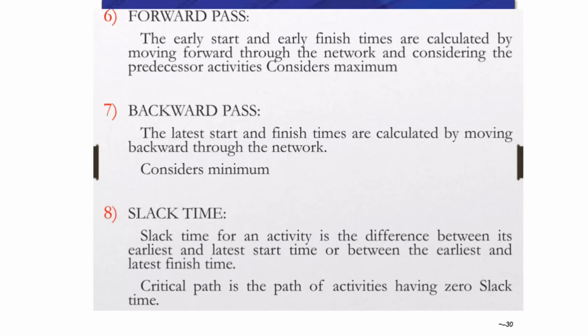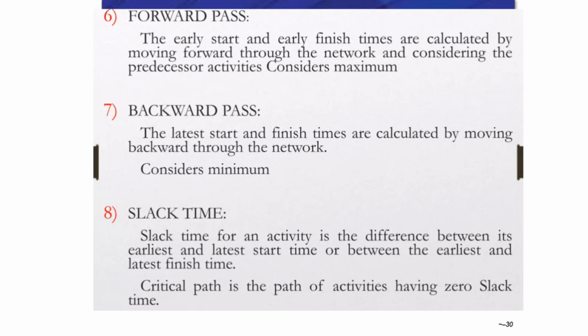Slack time for an activity is the difference between the earliest and the latest start time, or earliest and latest finish time. And this slack time is the calculation that can determine the critical path. The critical path is defined by the slack time, basically.